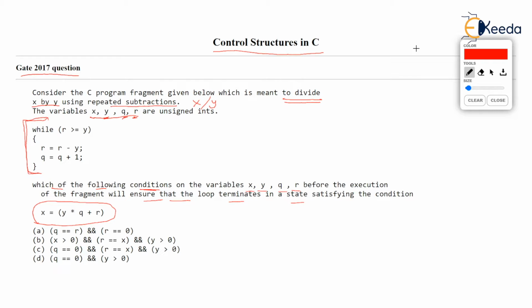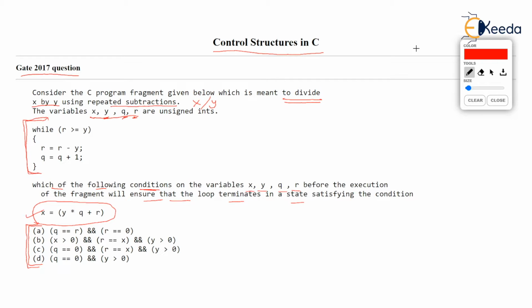So, whatever are the values of x and y initially, because we are finding x upon y, finally, when the loop ends, x should become y into q plus r. And then these are the four conditions given. Now, which one out of these four conditions should be true before we run the while loop so that we get this condition satisfied?